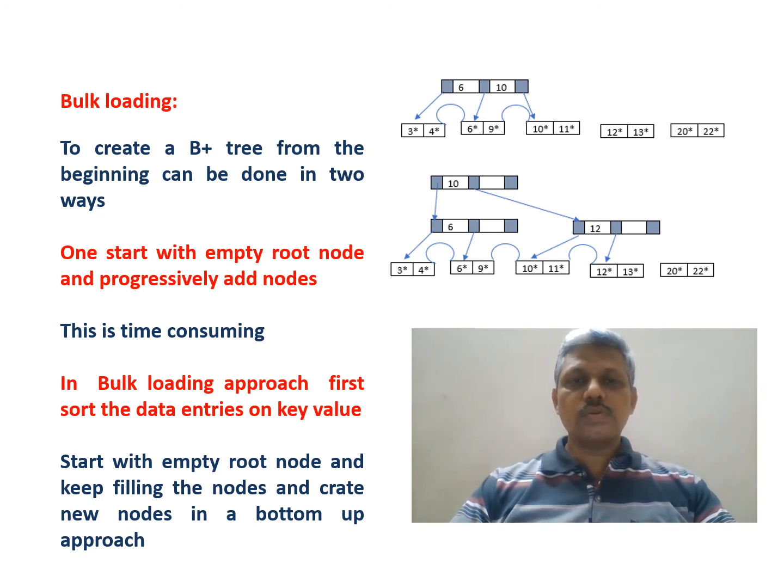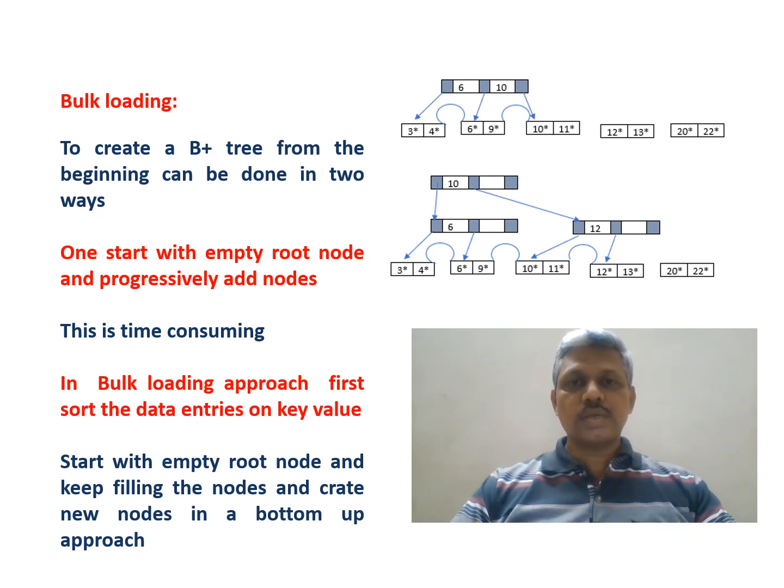Now, if you want to insert one more data page consisting of 12 and 13, that node is not enough. Then we have to split it, one more level is increased, and one more node is added. Again, the values are to be readjusted here. So 6 is left over there, and 10 is copied up. So 6 becomes the left node of 10, and the starting value 12 of the new page is added to the new node created.